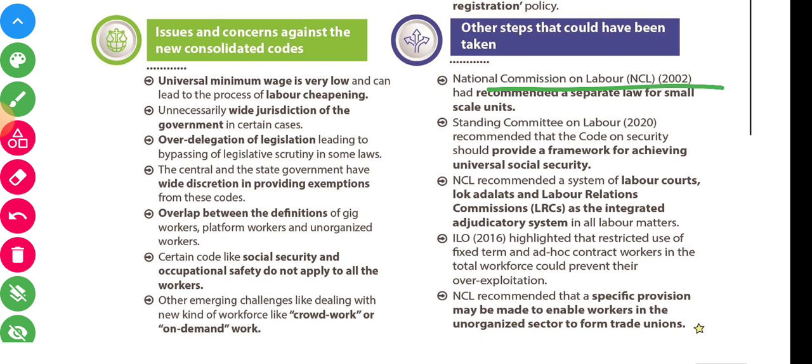The National Commission on Labour 2002 had recommended a separate law for small-scale units, and a framework for achieving universal social security, as given by the Standing Committee on Labour recommendations. Labour Courts, Lok Adalats and Labour Relations Commissions as an integrated adjudicatory system in all labor markets, recommended by the National Commission on Labour. The International Labour Organization in 2016 highlighted that restricted use of fixed-term and ad hoc contract workers in the total workforce could prevent their overexploitation.